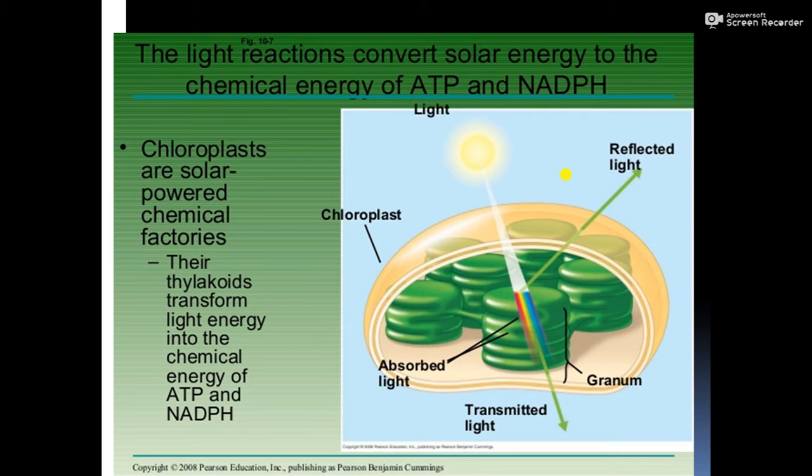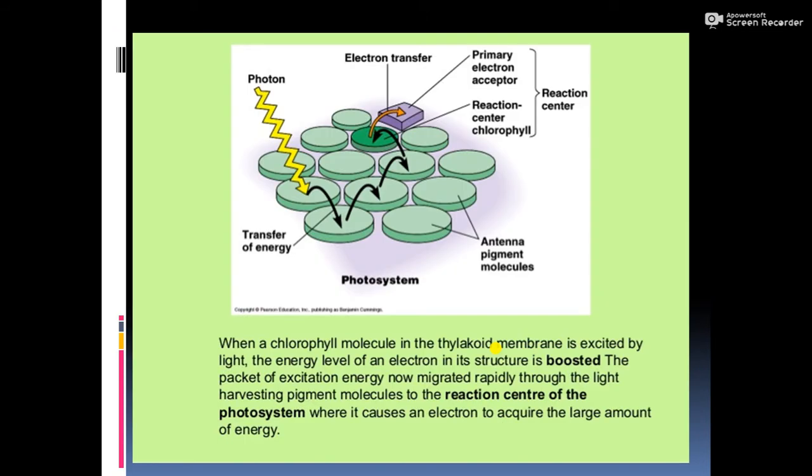Their thylakoids transform light energy into the chemical energy of ATP and NADPH. So here we can see in this picture that light energy is coming to the chloroplast, that's the granum, its thylakoid, and the thylakoid is transforming light energy into chemical energy and forming ATP and NADPH.